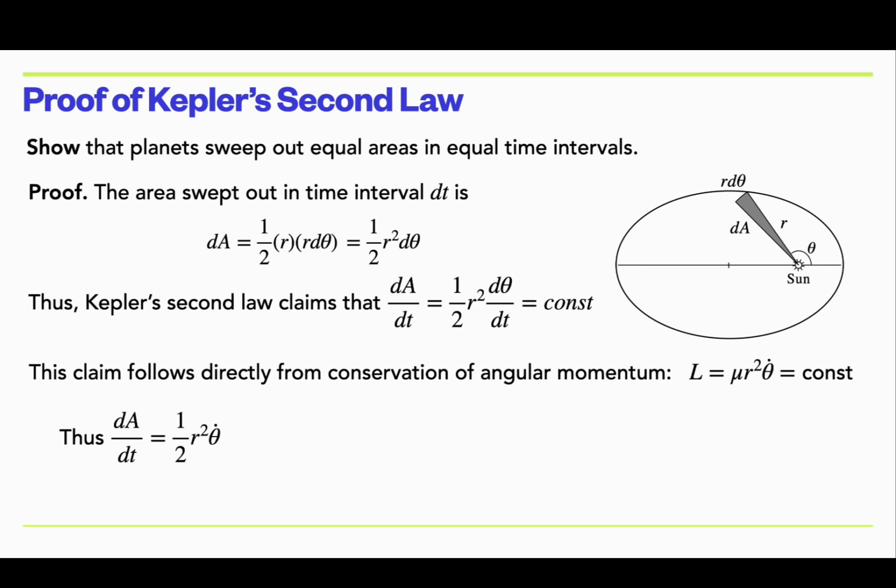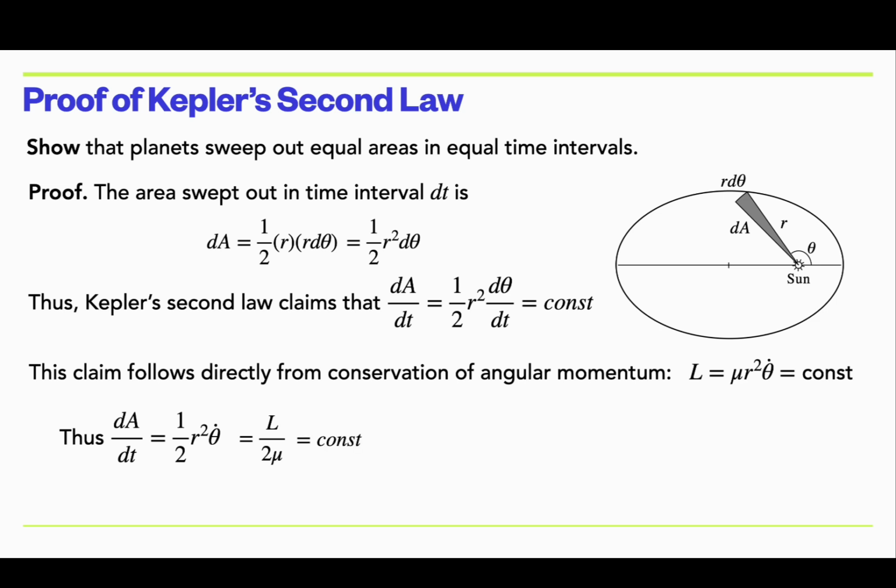So dA/dt is 1/2 r squared phi dot. r squared phi dot is the angular momentum over the reduced mass mu. So r squared phi dot is just L over mu. So this just says that dA/dt is equal to the angular momentum over 2 mu.